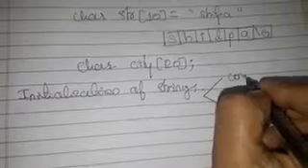Next we'll see the initialization of strings. How to initialize the strings? As with numeric arrays, we can do the initialization of strings in two ways: compile time initialization and runtime initialization.